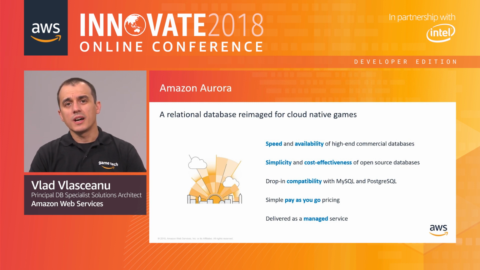And we're achieving that with open source database engines. And Aurora is also a drop-in replacement for MySQL or Postgres type databases because it is wire protocol compatible with those. So you can take your traditional MySQL database and replace it with Amazon Aurora, and you don't actually have to make any significant application changes.